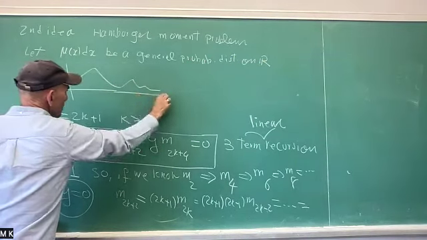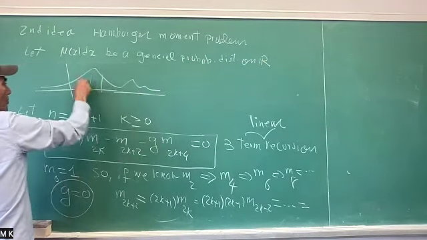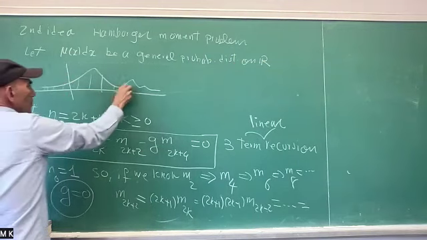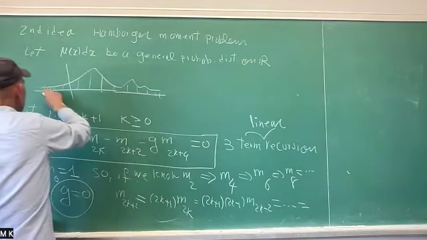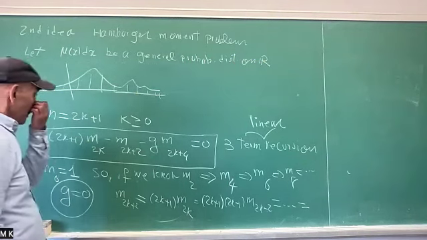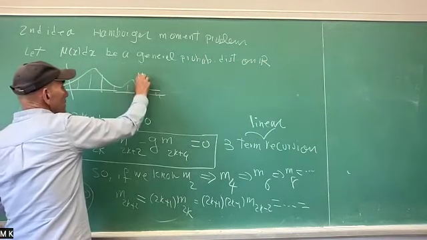It's positive and the total mass is 1. It's a general probability distribution. This is mu of x.